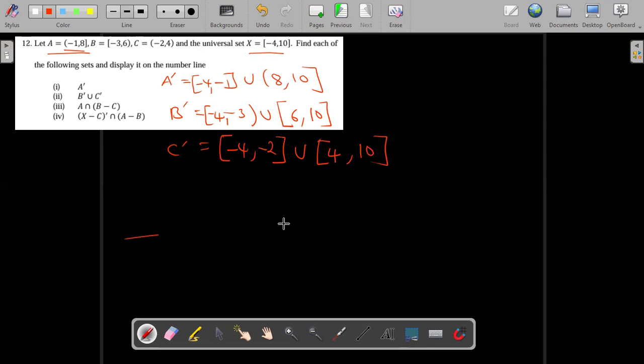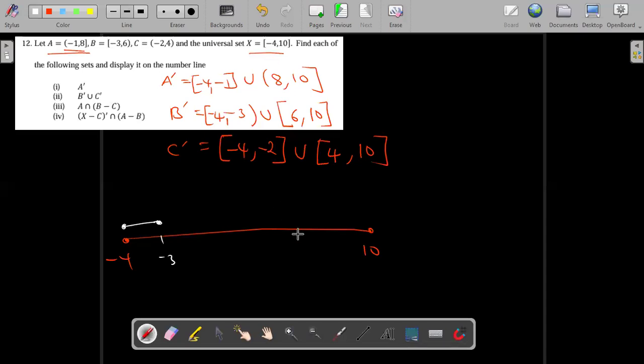So I can write this. This here will be my negative 4, 10. Then I can now plot the two. So if I plot B, what's my B from negative here to, let's say, negative 3 is there.